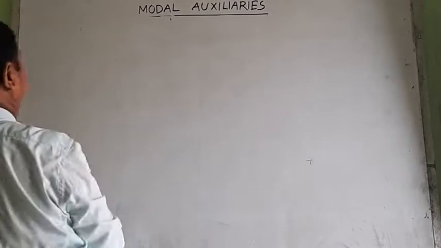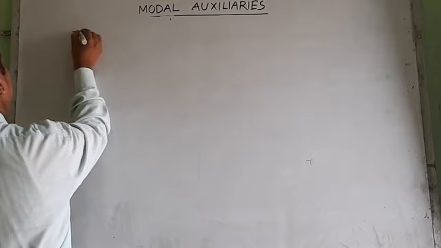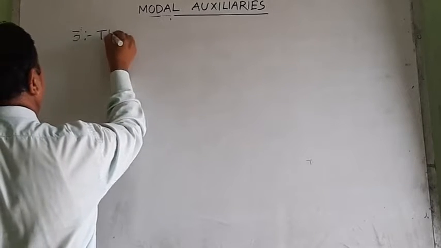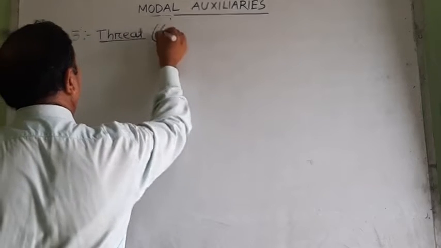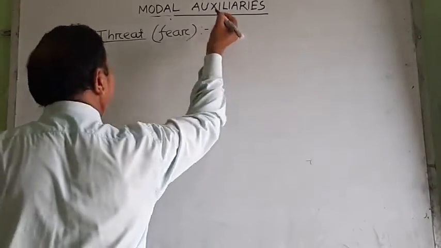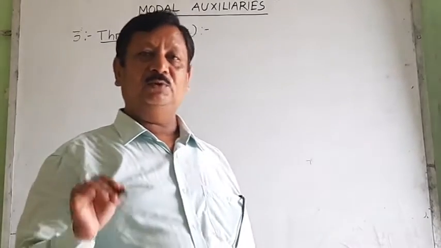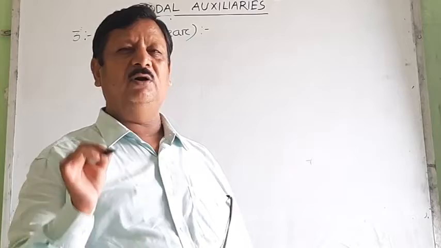Number 3. Here also we find the threat, or we may say it is fear. For a joke, let me tell you that if someone speaks before you, I shall kill you, it will not affect you anything else.